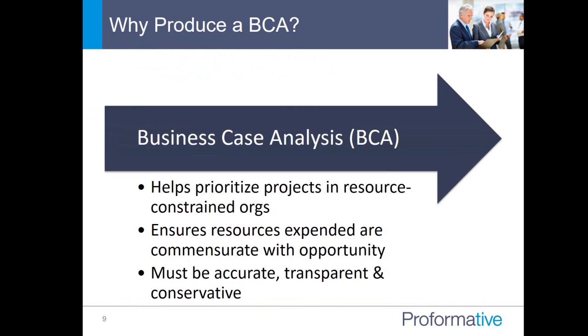Oftentimes it sounds like a great idea. Somebody will say, hey, I like that project, let's greenlight it and move forward. But they only assign 2 or 3 people to it, and the reality is it's a cross-organizational assignment that probably required 20 resources to be successful. So what ends up happening is that project never really gets anywhere.